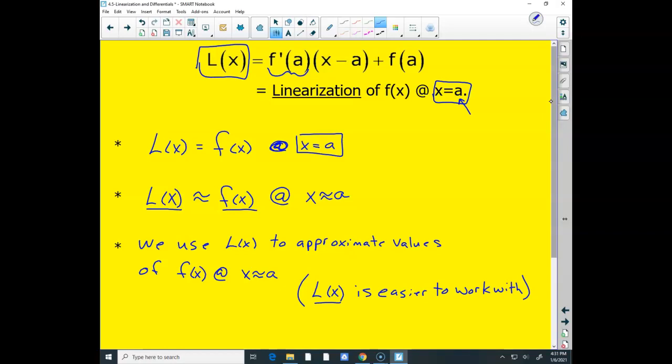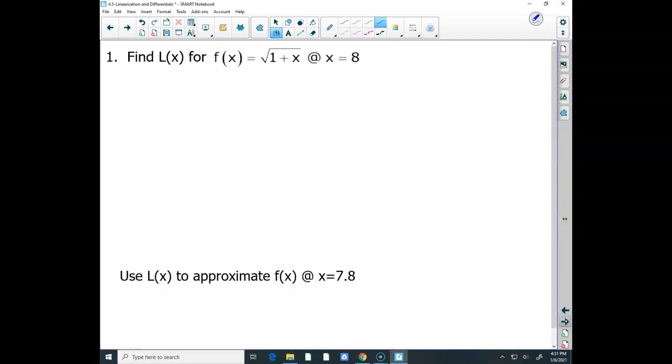So if I looked at my next one, we want to find L of x for f of x at x equals 8. Well, that's saying find the equation. This right here, find L of x, means find the equation of the line tangent to f of x at x equals 8 in this case.